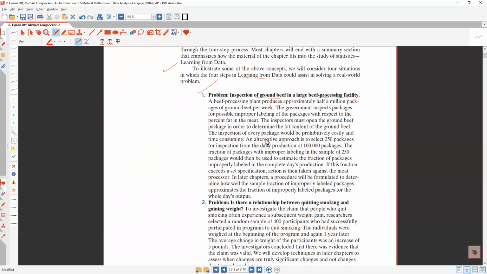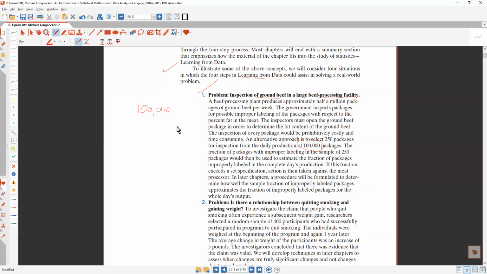You can read through this, but the main idea here is, let's say that you're producing a lot of ground beef, and you want to make sure that the ground beef is clean, it's healthy, and it's safe for human consumption. Well, let's just say that you have 100,000 packages, right?